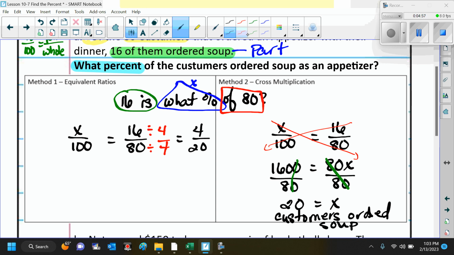So now we can say, how do I get from 20 to 100? Well, you can get from 20 to 100 by multiplying times 5. So if I wanted to get from 4 to x, we will also multiply times 5. So 4 times 5 is 20. So again, x is equal to 20 customers.